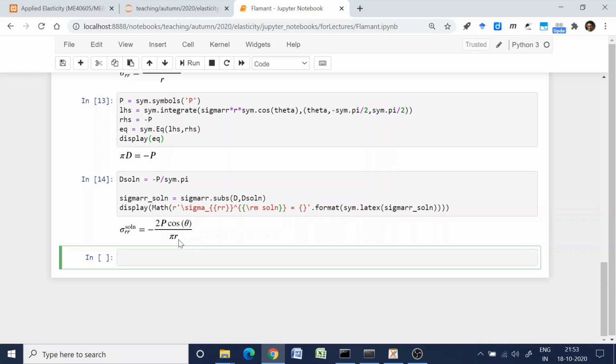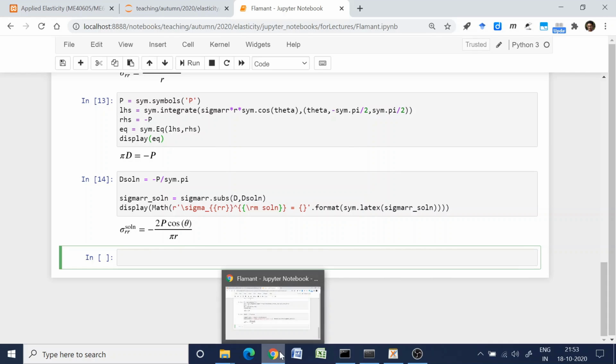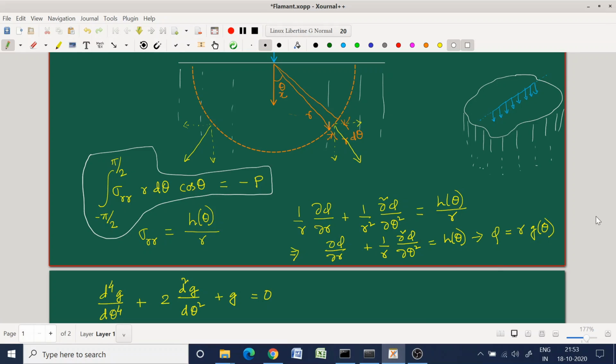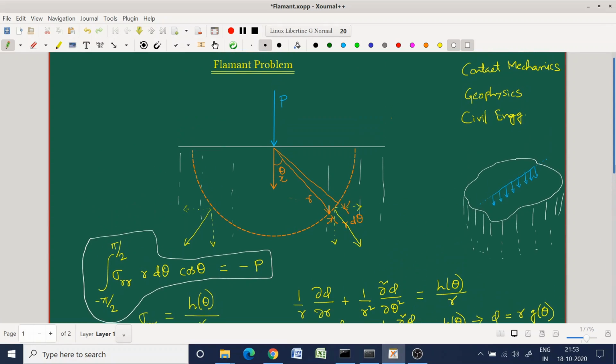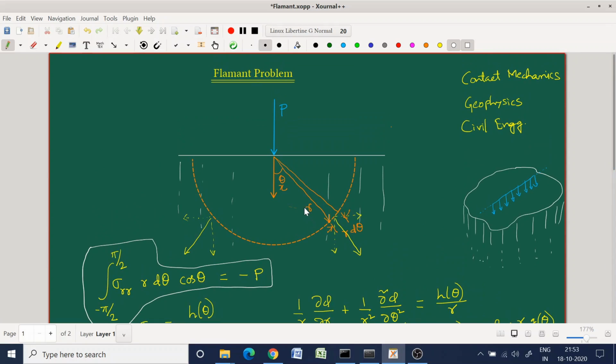So depending on what radius from the point of application of the load you want to find out the stress, you keep on increasing this r. You will be considering correspondingly different semicircular arcs like this, and you'll be obtaining the sigma rr values there.